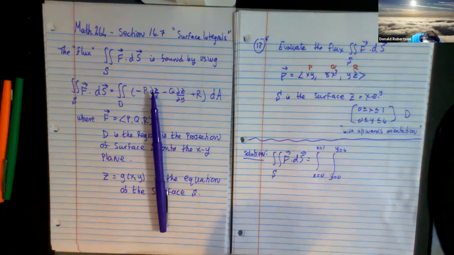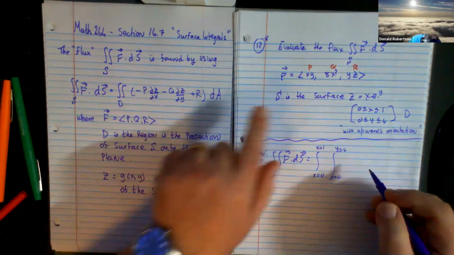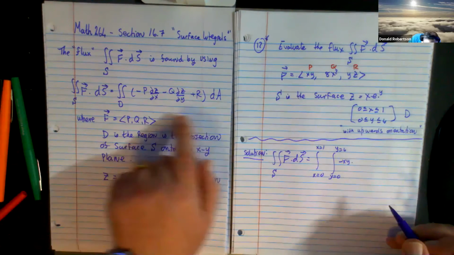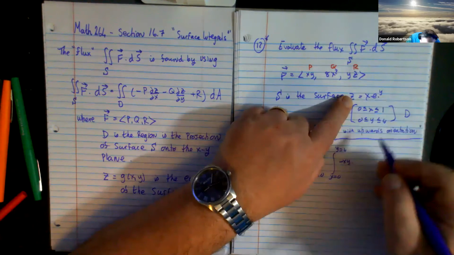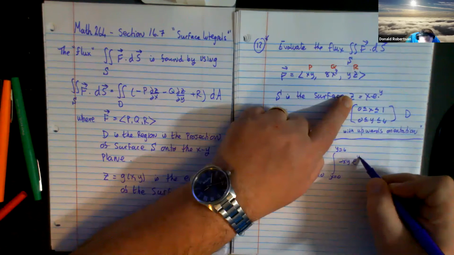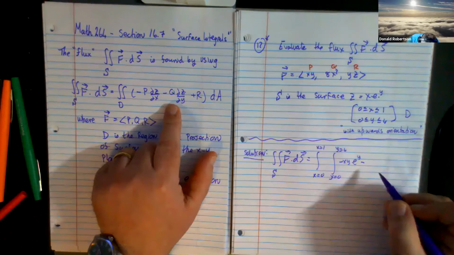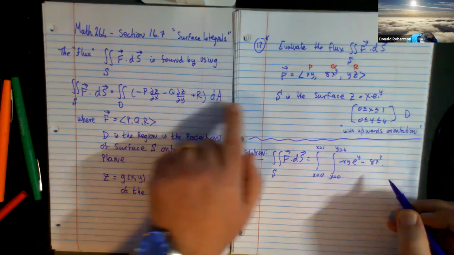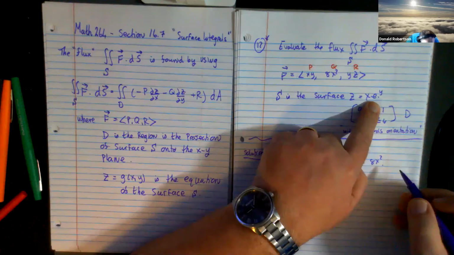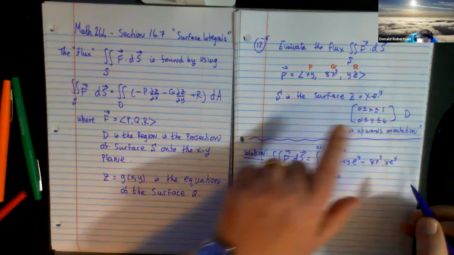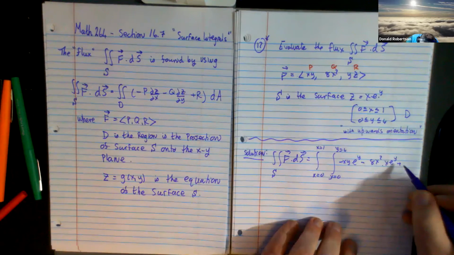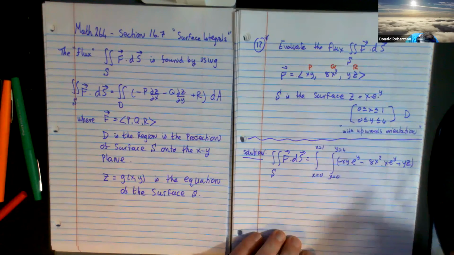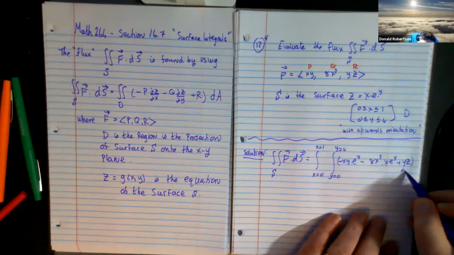So it's negative of this guy times the derivative of this guy with respect to x, which is e to the y. Subtract this guy, q, times the derivative of this with respect to y. And then you add r, which is this guy. And essentially this is a dy dx situation.